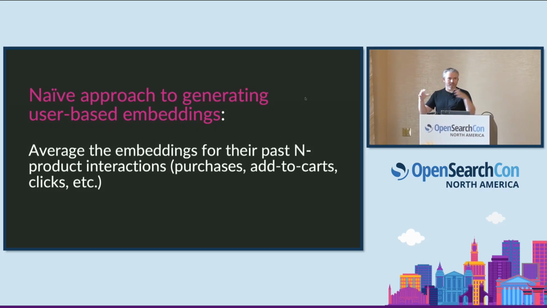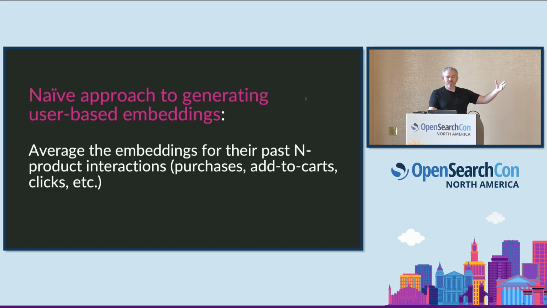If I pool those embeddings or average those embeddings together, I can get a sense of what the user likes. There are some problems with doing this. The naive approach, which I just described, would be to say for every user, look at all the documents that they've interacted with and average the embeddings of those. That would generate a personalization vector for that user based upon the collection of all of those.